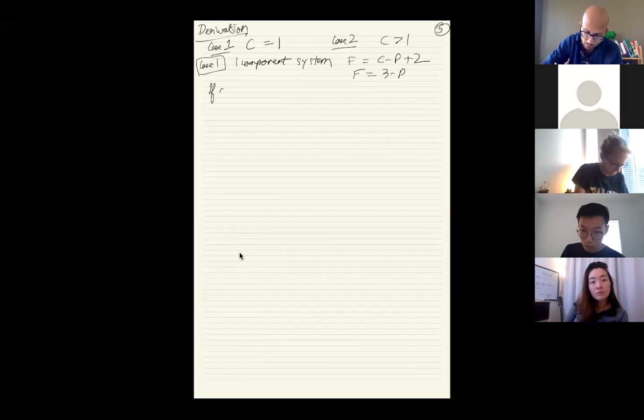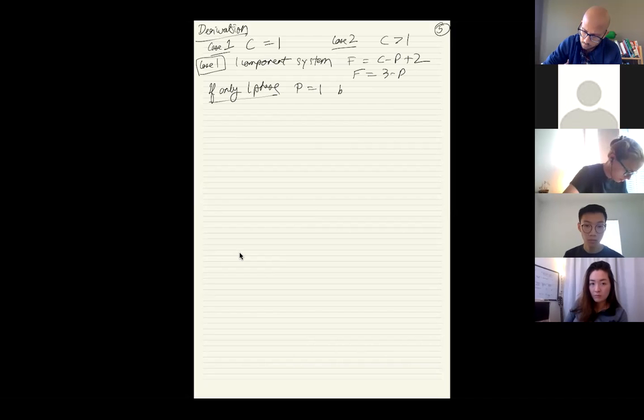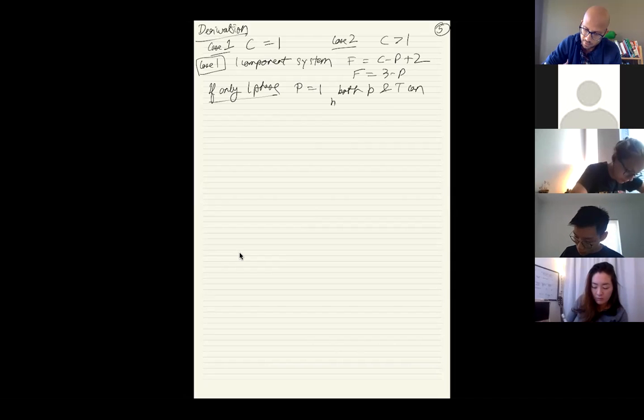Let's say there is only one phase. If only one phase, then P is equal to 1. We would like to show what happens to F. If we can show that for P is equal to 1, F is equal to 2, then we are set for one phase. What does it mean? If it's one phase, then both pressure and temperature can be varied, right?